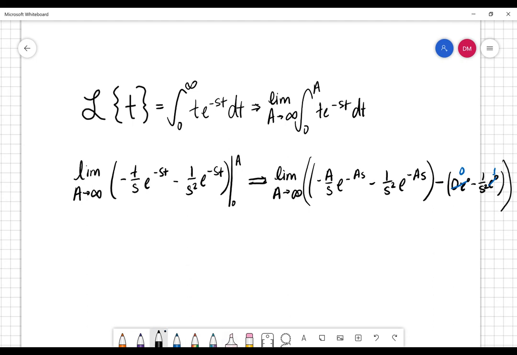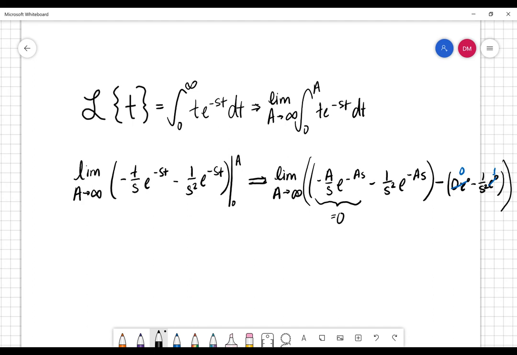Okay, so we'll just leave that here for a second, and let's go ahead and take a look at this here. So if I evaluate what happens as a goes to infinity, here again we have e to the negative infinity times s, so the s becomes irrelevant. E to the negative infinity, the limit of that is 0. And even if we plug in a really gigantic number here for a, as a approaches infinity, it won't matter because the exponential piece overrides everything.